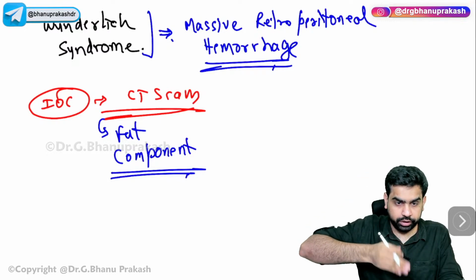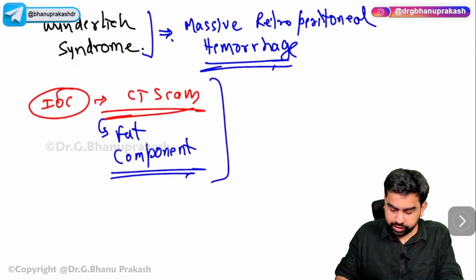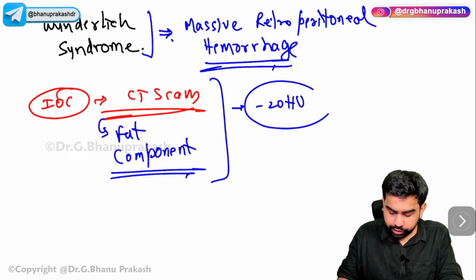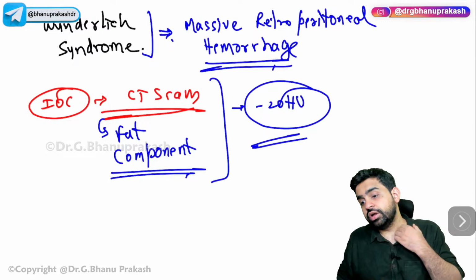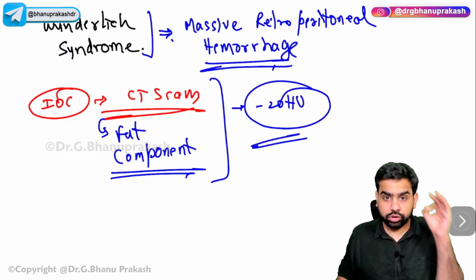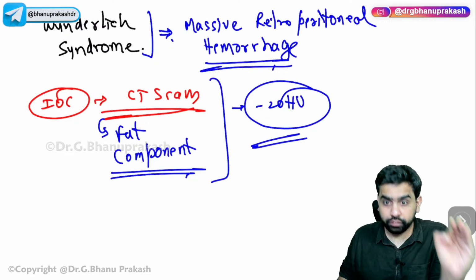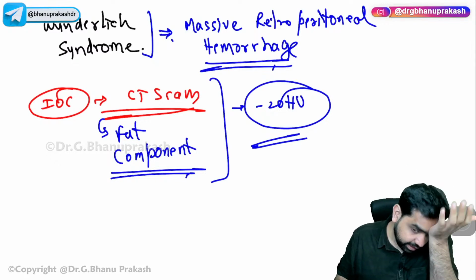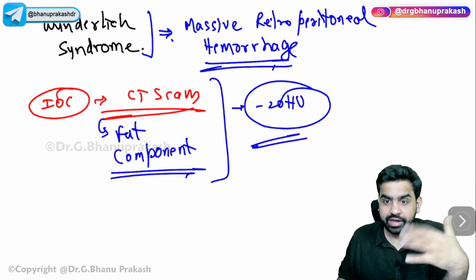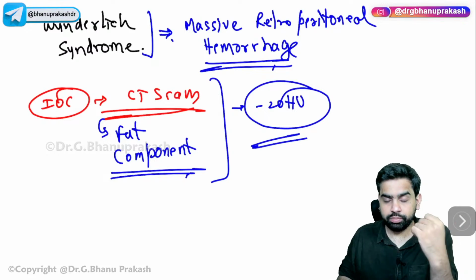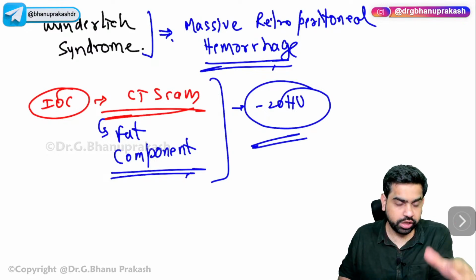On the CT scan, this appears as minus 20 Hounsfield units, which is very characteristic. I hope you're able to understand this point.